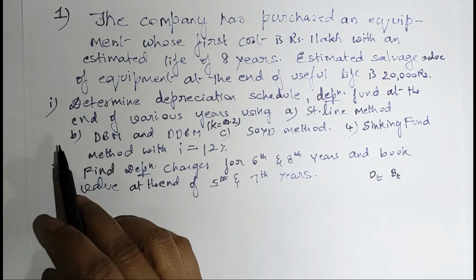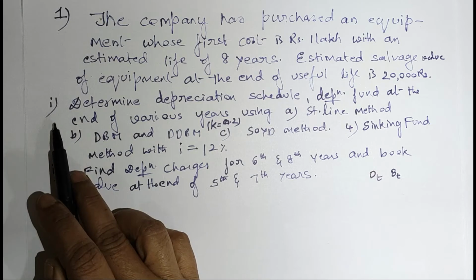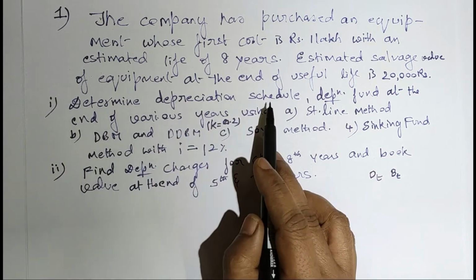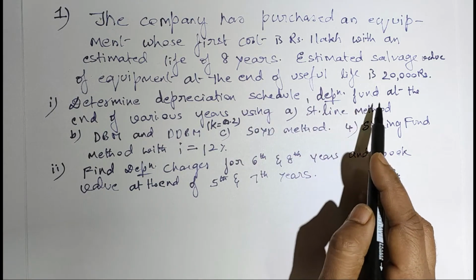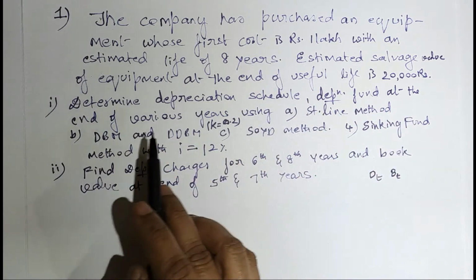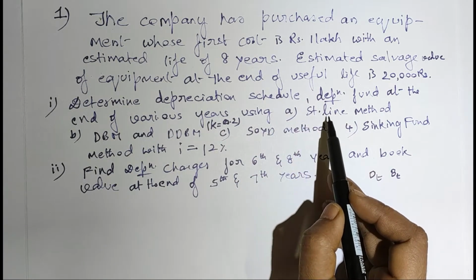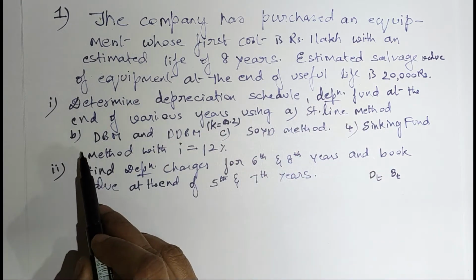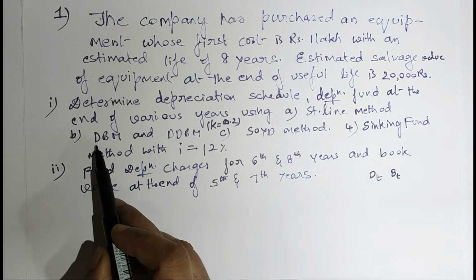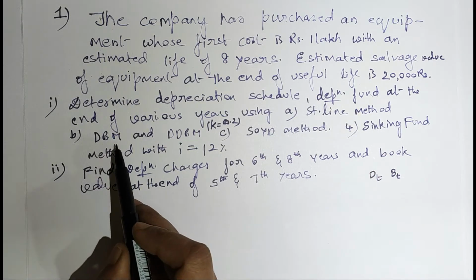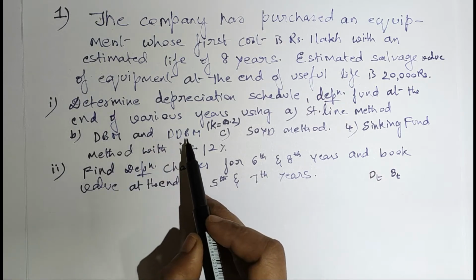There are two bits in this question. In the first bit, it's asked to determine the depreciation schedule and depreciation fund at the end of various years using A, straight line method; B, DBM, declining balance method or diminishing balance method; and DDBM.